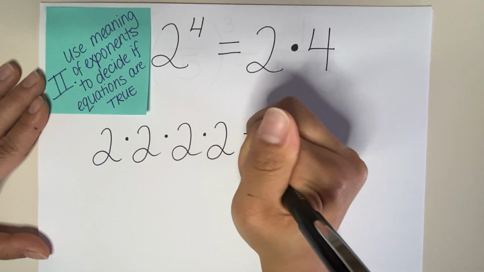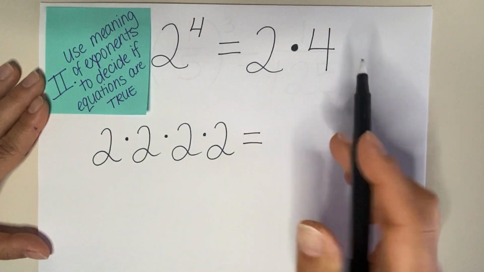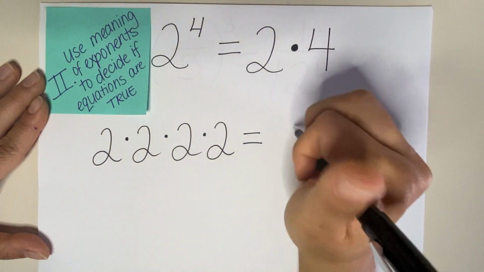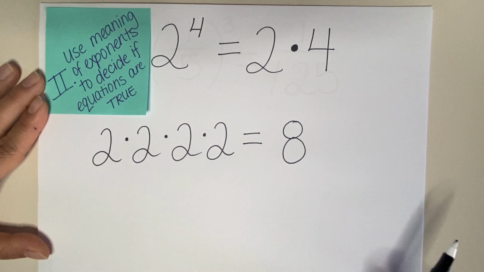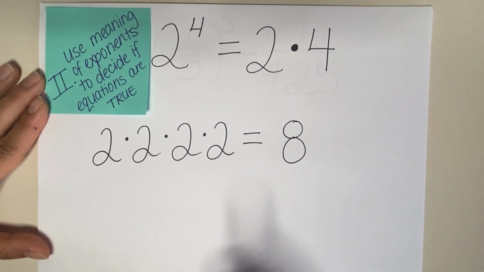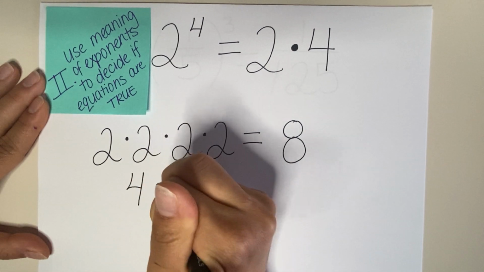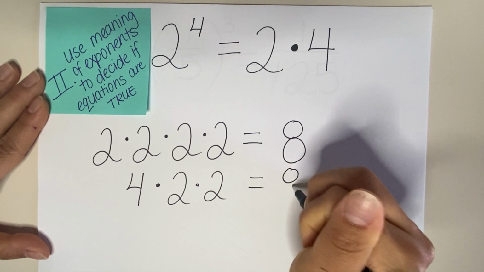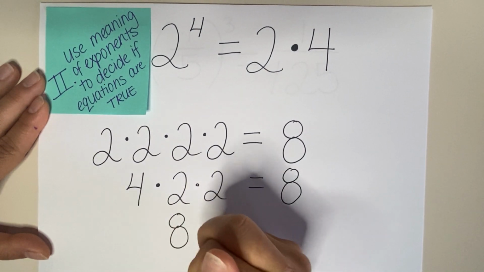And we are trying to see, is this the same as 2 times 4? So 2 times 4 is 8. So we need to see, is this actually 8? Well, 2 times 2, that gets me 4. So I like to just break it apart. 4 times 2 times 2. Is this equal to 8? Let's see. Well, 4 times 2, that's 8.